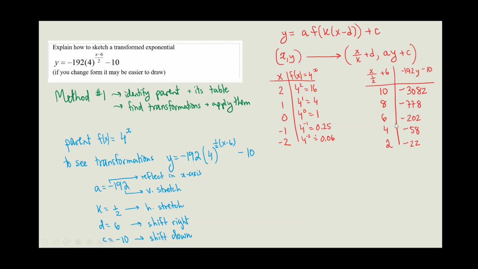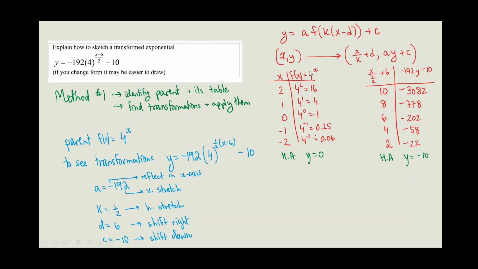And once you have this table, I would suggest that you also perform these operations on the horizontal asymptote as well. So don't just do positives, 0, and negatives for the x's. Add in one more row, call it horizontal asymptote, and in the y position put y equals 0, because the horizontal asymptote is at 0 for the parent one.